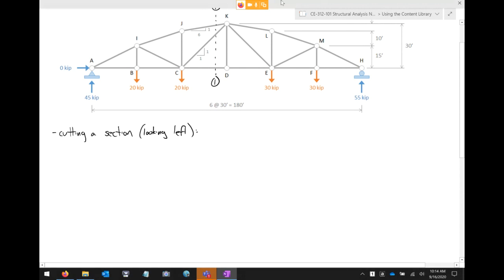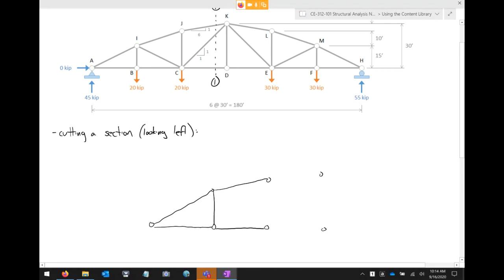So forgive my artwork. I'm going to do the best I can, and you all can sort of go along with me. I'm actually going to try and put this in the middle. So we have this, this, and that, and then that. That's all good. Okay, so we've got this member, this member, this member, that member, that.